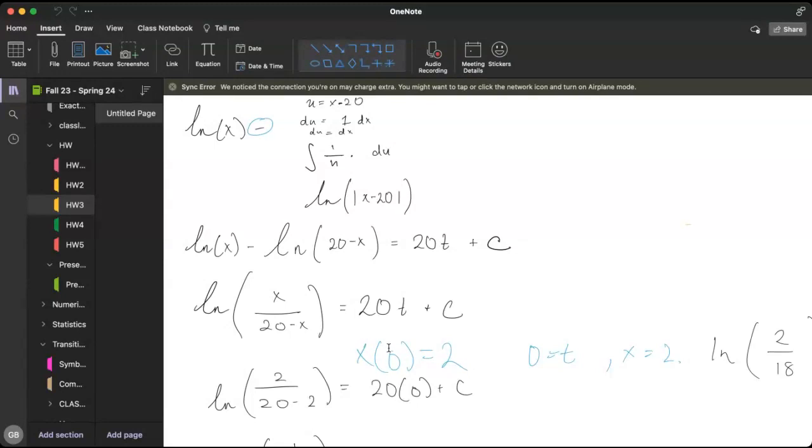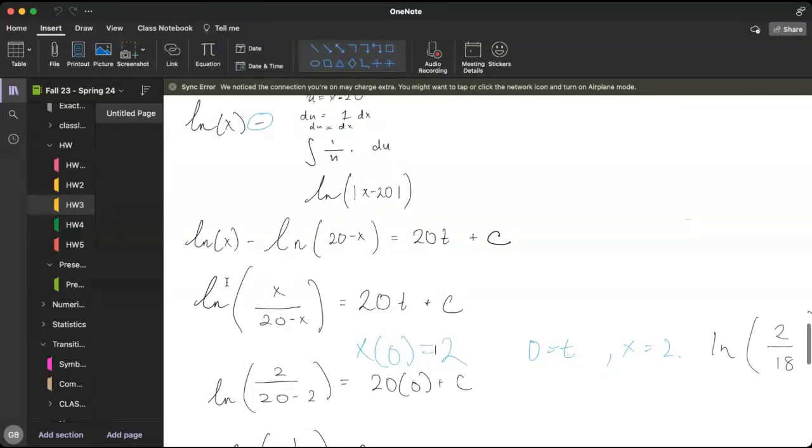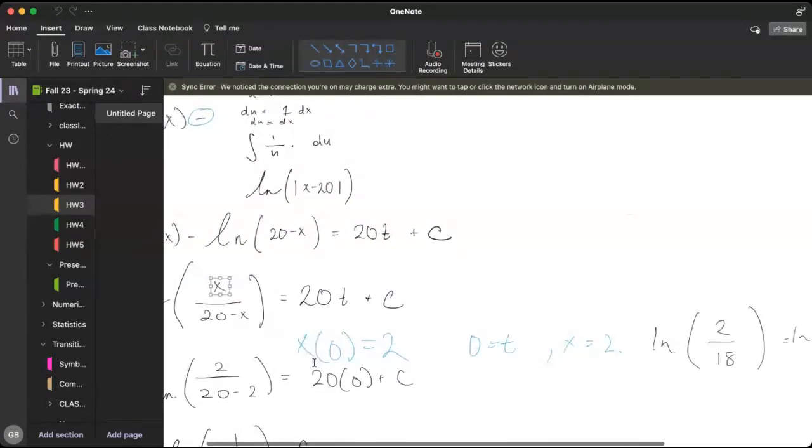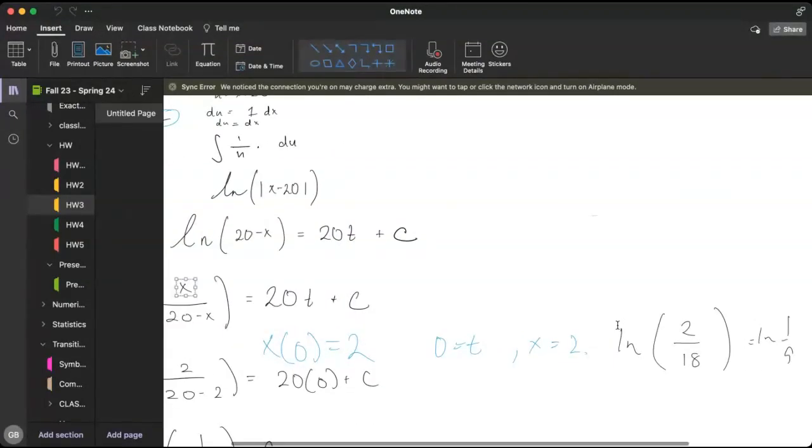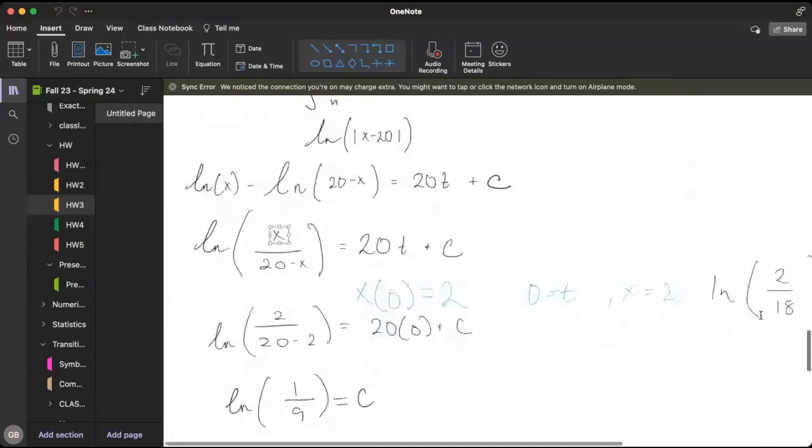Since x, when the time is 0, is equal to 2, I can replace the x with 2 here. That would show that 2 over 20 minus 2 can simplify to natural log of 1 over 9.